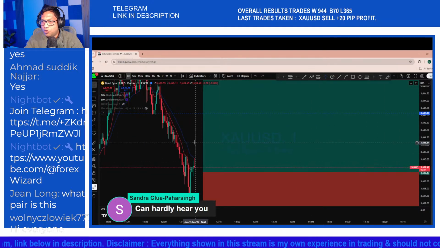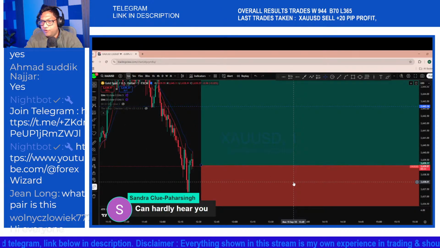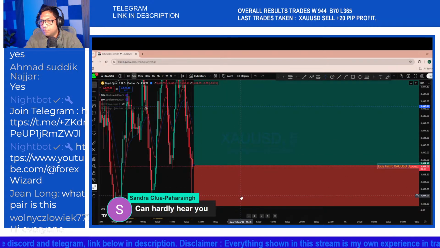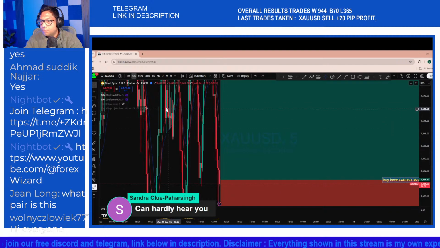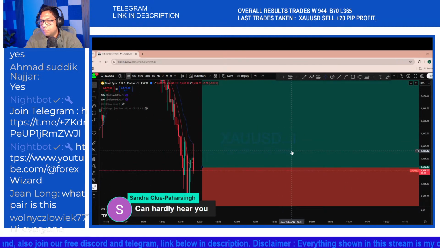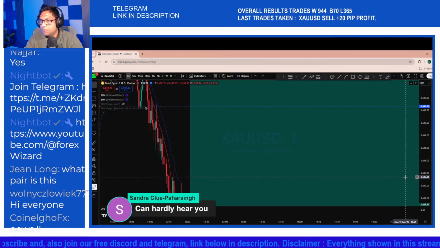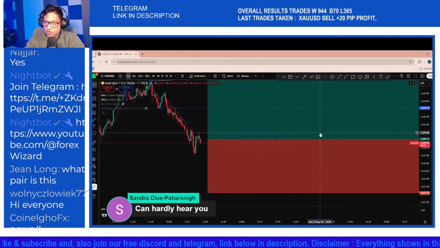Expecting to cross that high. Now it can still continue to drop here for another liquidity grab. This market might remain potentially to the downside here.